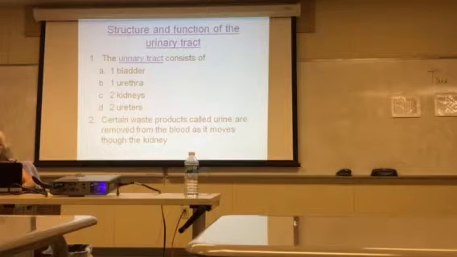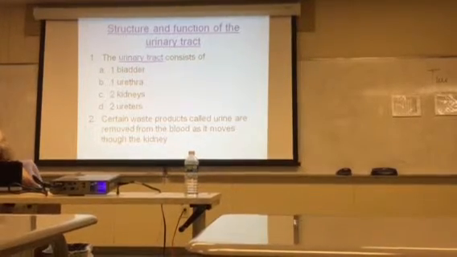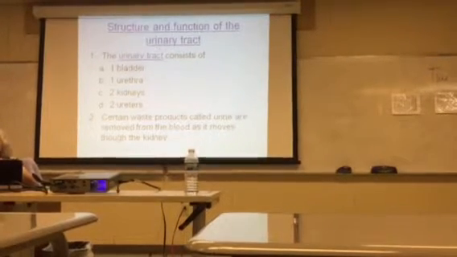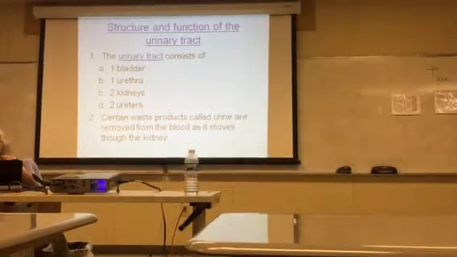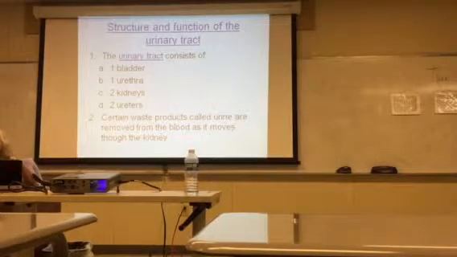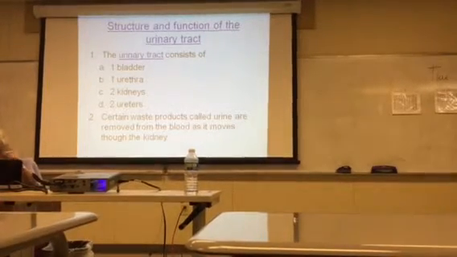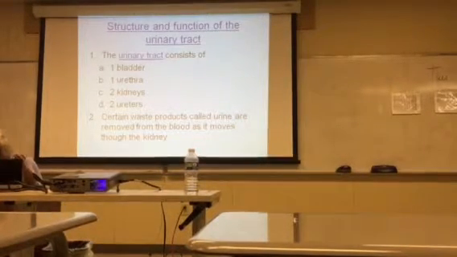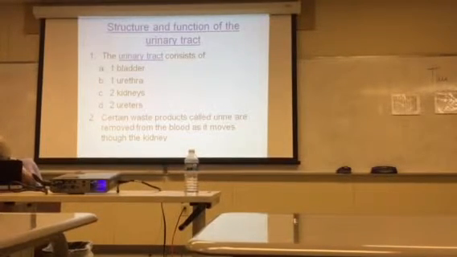So the urinary tract consists of a bladder, one urethra. The urine leaves the bladder through the urethra, 2 kidneys. And from those kidneys, each of them has a ureter that takes the urine from the kidney into the bladder.